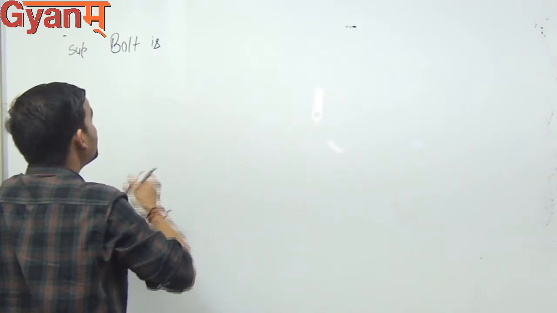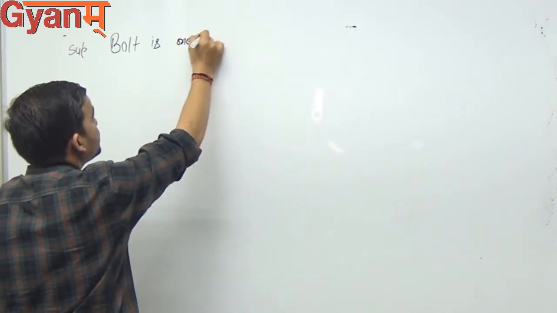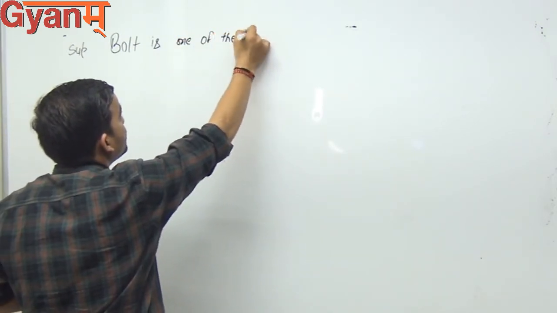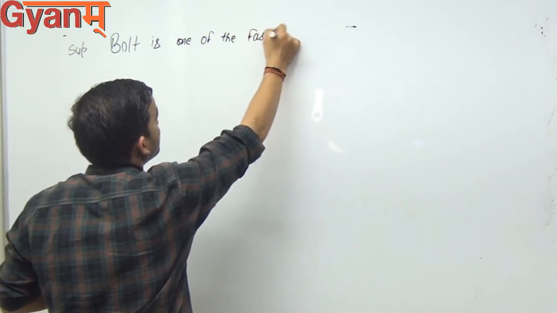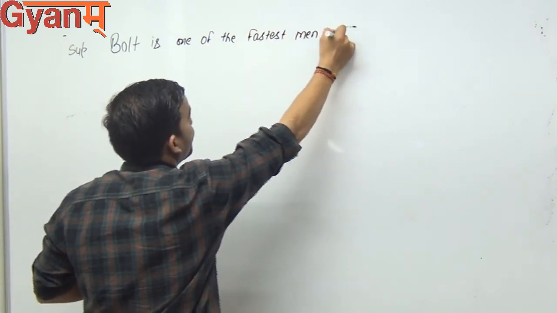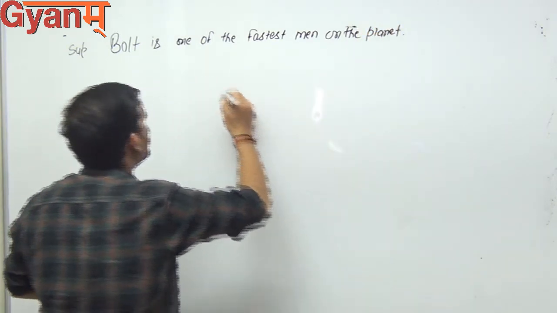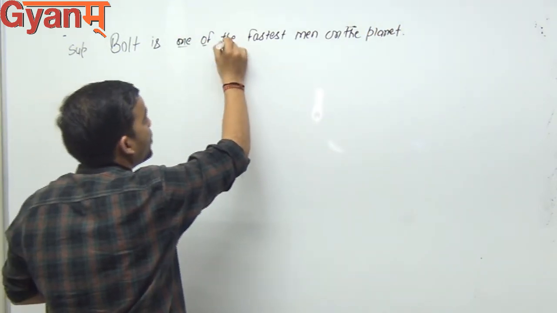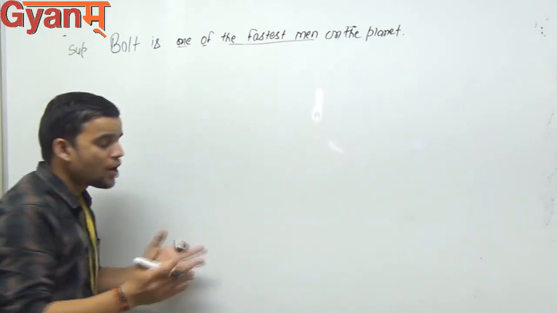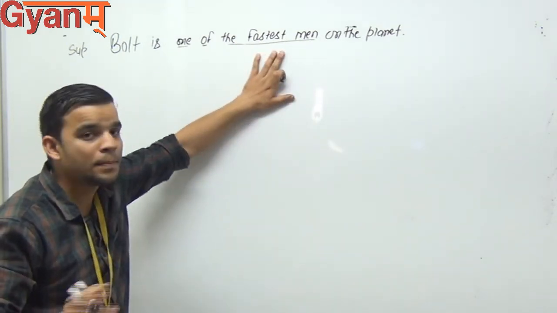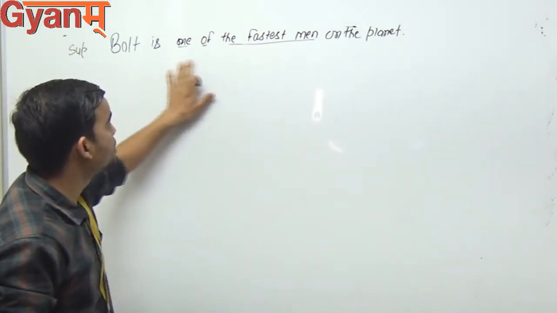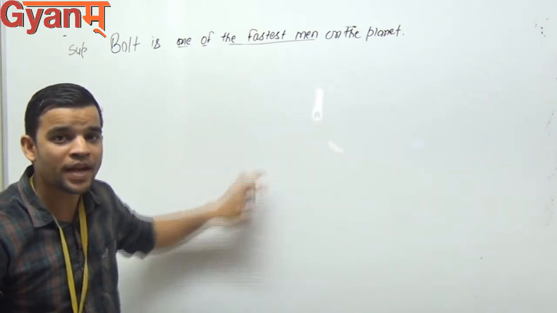We'll write it as Bolt is one of the fastest men on the planet. You must have read in noun that one of is talking about some plural identity, one out of many. So I have written men here. Bolt is one of the fastest men on the planet.